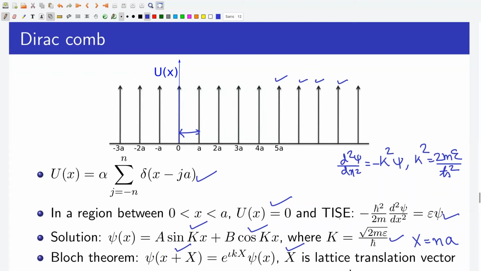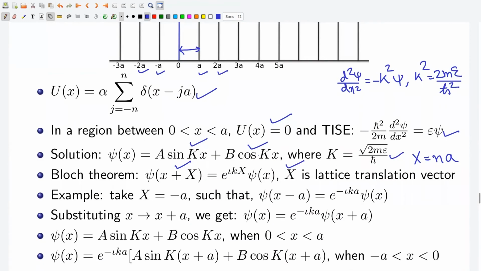For example, a lattice translation vector can be minus 2a or minus a or 2a, etc. Now, take capital X equal to minus a. So, from Bloch theorem, we get psi of x minus a is equal to e power minus i k a times psi of x. In this equation, if we substitute x equal to x plus a, then we can write psi of x is equal to e power minus i k a times psi of x plus a.